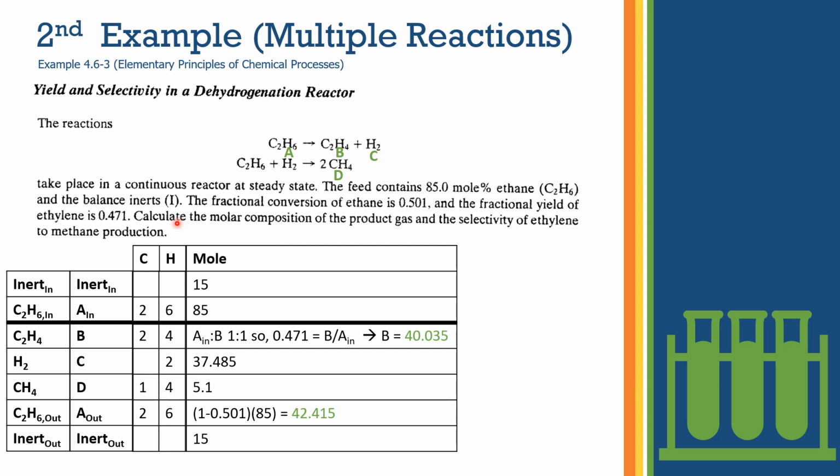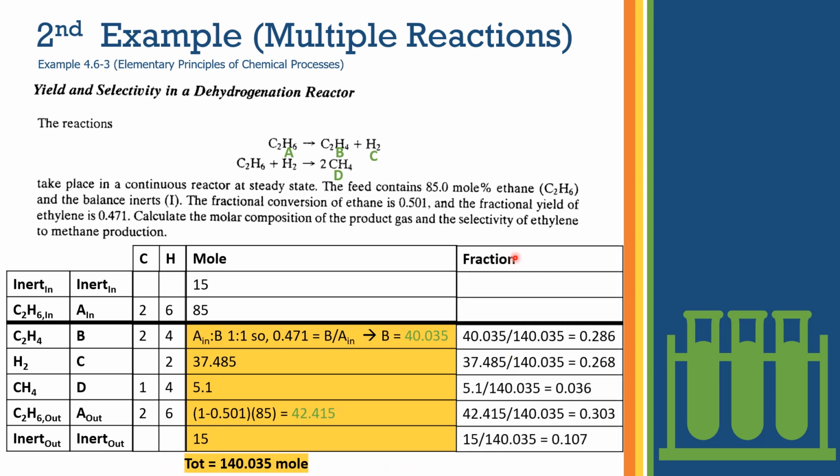The question asks for calculating the molar composition, so we need to do a further step. First, we calculate the total of the product, and don't forget the inert. This is the total. To calculate the fraction, we just divide each mole of the molecular species by the total, and by this easy method, or this table, we organize everything.